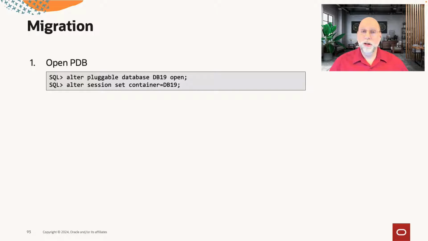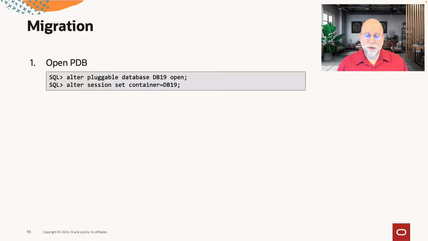It may also do other things to line up your PDB with the CDB root, such as raising compatible for the PDB. So this is an irreversible operation. There is no script for PDB to non-CDB.SQL. The only way to go from a PDB to a non-PDB is to use Data Pump or transportable tablespaces.